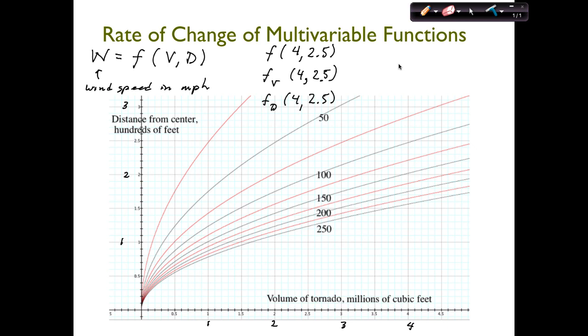So what is this asking for? It's asking for the wind speed of the tornado at 4 million cubic feet and a distance of 2,500 feet from the center, and then the partial derivatives. So use the same kind of process from the table, but now you have to get those values from this contour map of the function. See if you can do it.